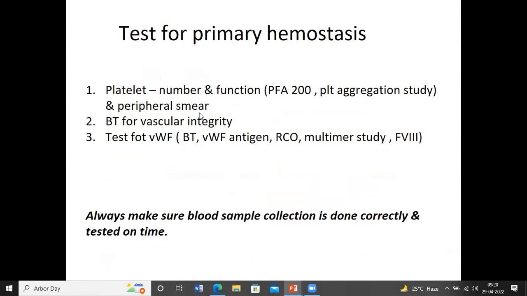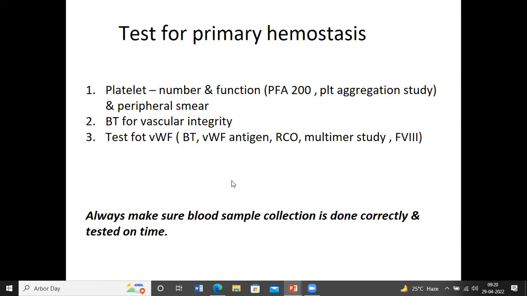Look also at peripheral smear to look for the number and the sizes of the platelet, which can either be increased size or decreased size. Bleeding time looks at vascular integrity, and we also test for von Willebrand factor by doing bleeding time, von Willebrand factor antigen, ristocetin cofactor test, multimer studies, and factor 8 study.